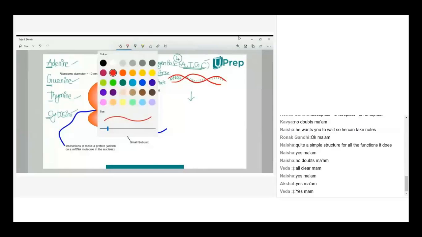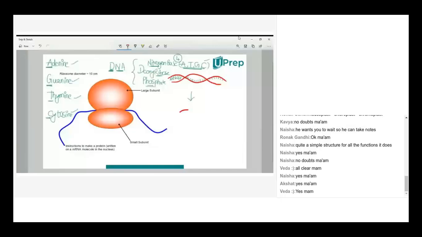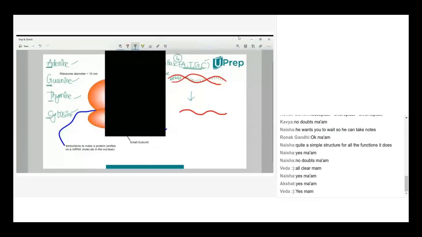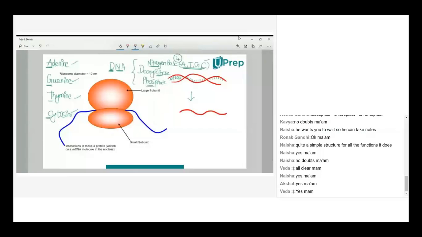RNA is different. RNA stands for ribonucleic acid. There's only one difference: DNA has deoxyribose, RNA has ribose, ribonucleic acids. Now, RNA may be of different types.